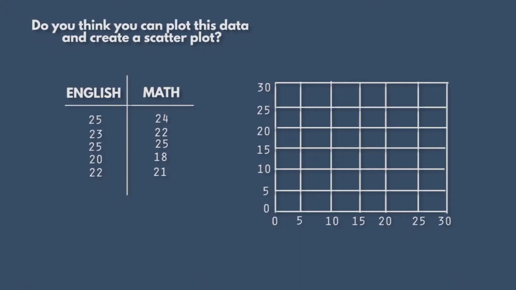In the case of 5 highly competitive students, the researcher would like to know if there is a relationship between the students' abilities in English and mathematics. A 20-item test was given to them and the following scores were obtained. Do you think you can plot this data and create your own scatter plot?